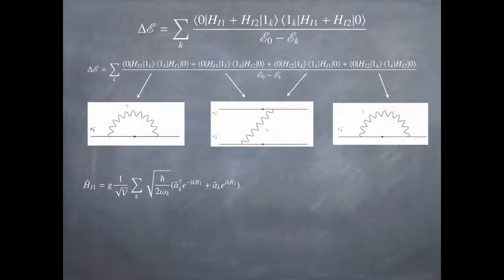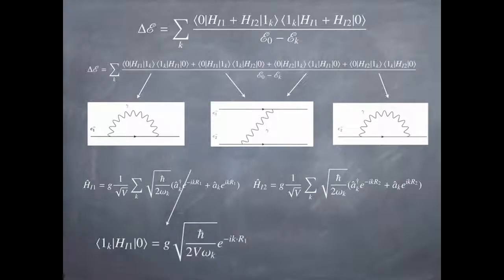If we have H_I1 and H_I2 given as these expressions that we already worked out before, and we compute this inner product, notice that a dagger on the vacuum gives me 1, and 1 on 1 gives me 1. So this actually produces a non-zero result. A on the vacuum gives me nothing, so that doesn't contribute.